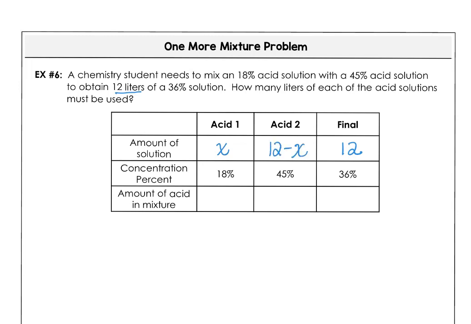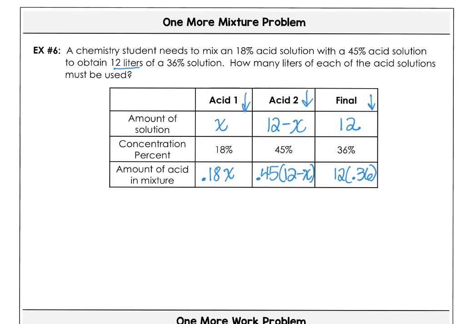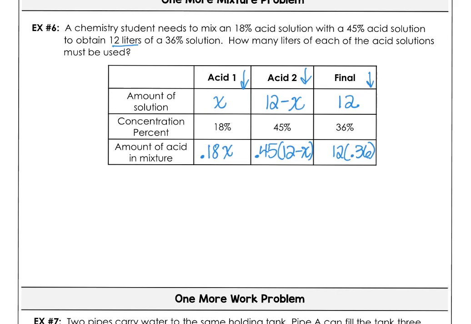And converting 18% to a decimal, that's 0.18 times X, so I'm multiplying down this way. And 45% is 0.45 times 12 minus X. We're going to do the same thing here, 12 times 0.36, or 36%. So the situation would be, we're going to take acid 1 and add it to acid 2, and it'll give us the final.